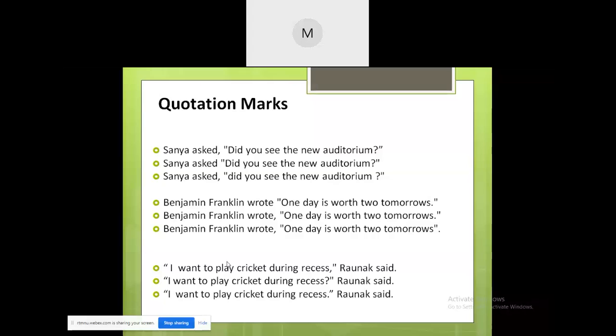A comma is mandatory, right? After asked a comma should come. Yes, first one. Next. Second. Yes, second one is correct. Second one is correct. The stop has to be there.